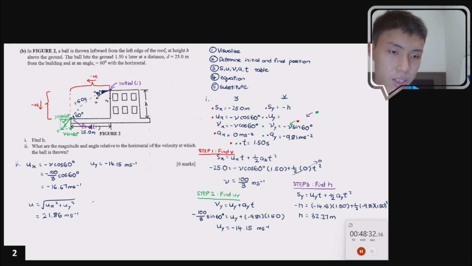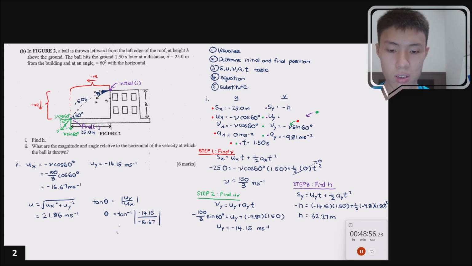So that's your magnitude. Now they want the angle. Again, do the same thing: uy over ux, as we did in question 1b just now. So theta equals inverse tangent of uy, negative 14.15, over ux, negative 16.67. Okay, calculate.